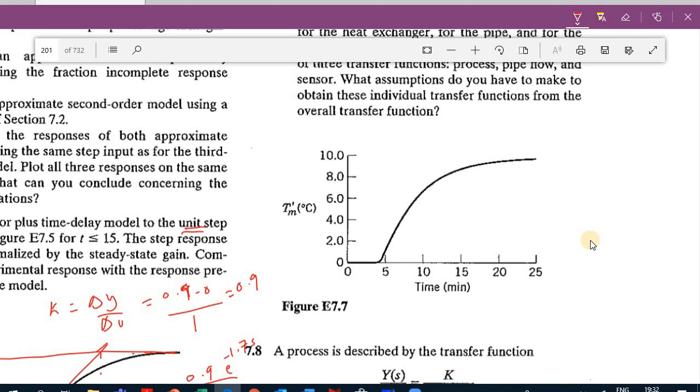Okay, so this is what I have here, and it's very obvious that I have a time delay here. It told me to select a method of my own choice.